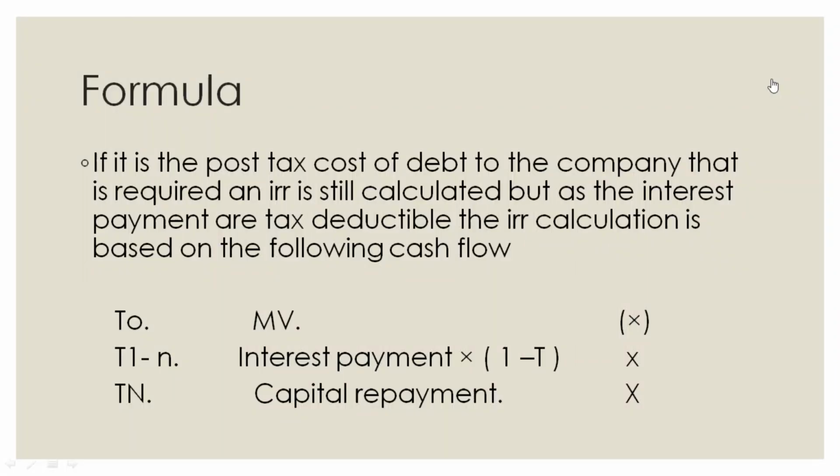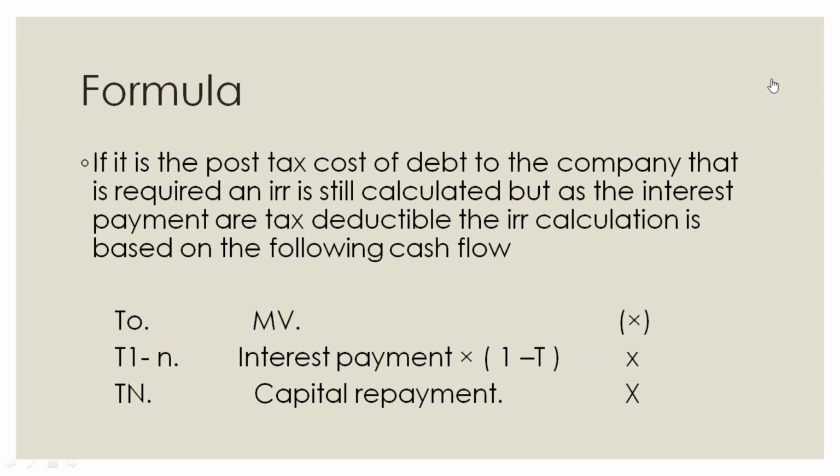We have seen how we calculate redeemable debt from the point of view of the company. We can still use IRR, but we have to consider the interest relief on this. We can use this formula if the post-tax cost of debt to the company is required. IRR is still calculated, but as the interest payments are tax deductible, the IRR calculation is based on the following cash flows.